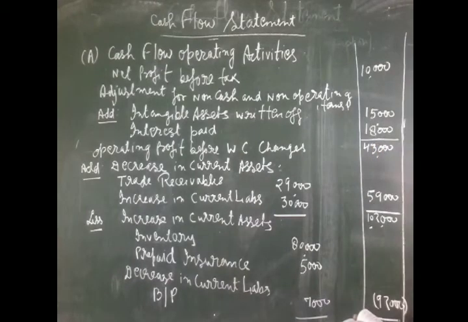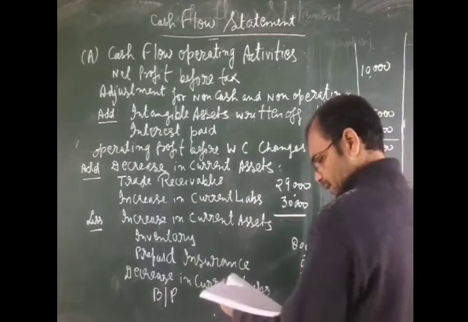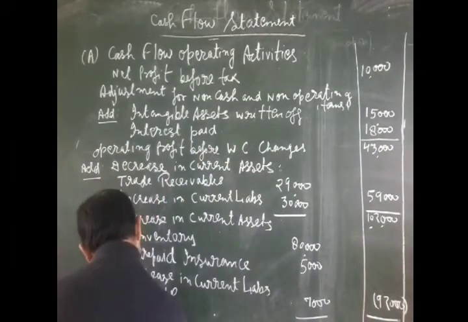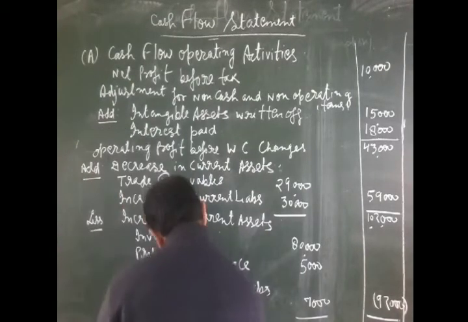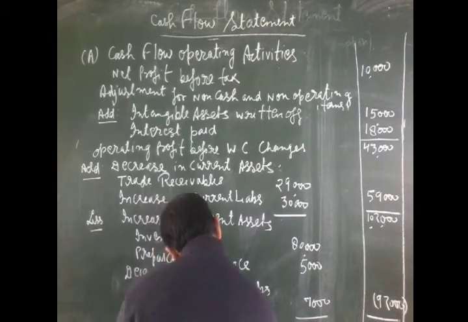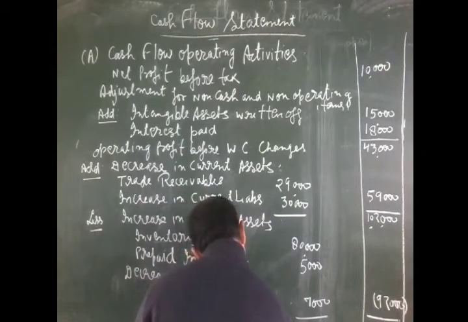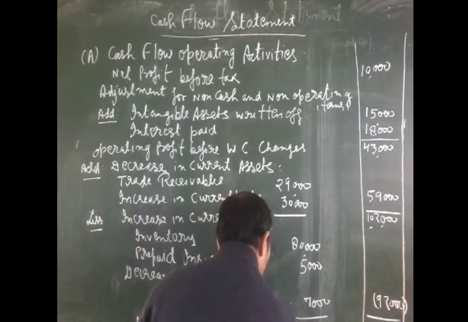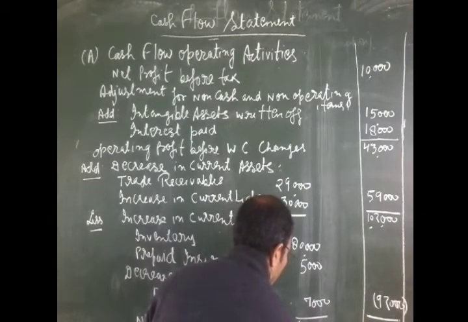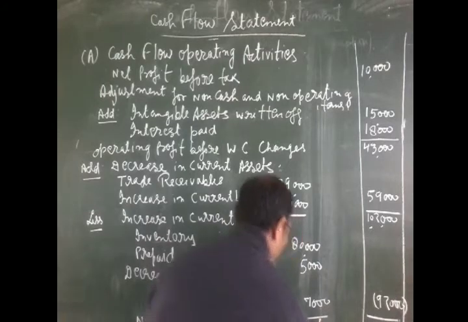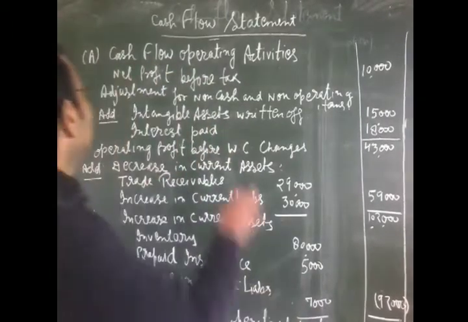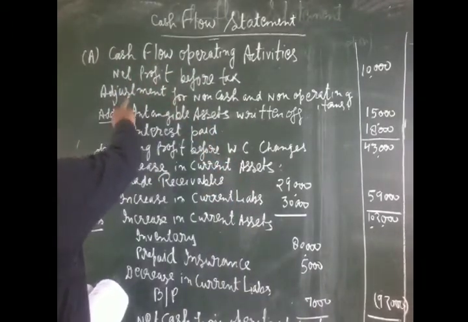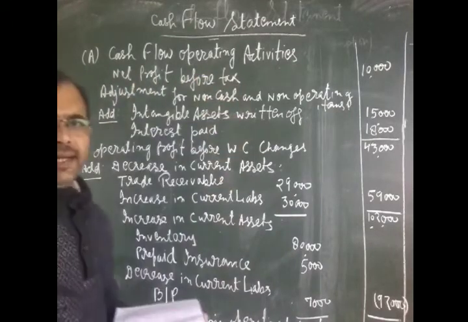So we will write here in outer column 10,000, and this amount will be called net cash from operating activity. In this way, we will solve the first condition of cash flow, that will be called cash flow from operating activities.